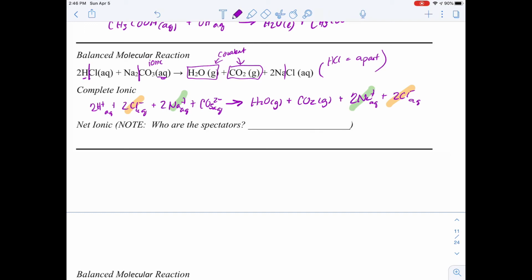So those are our spectators. And then we have 2H+ (aq) plus CO3 2- (aq) goes to H2O gas plus CO2 gas. That's our net ionic.